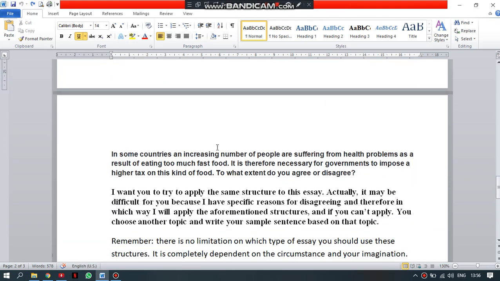There is a new topic here. In some countries, an increasing number of people are suffering from health problems as a result of eating too much fast food. It is therefore necessary for governments to impose a higher tax on this kind of food. To what extent do you agree or disagree? So I wanted to try to apply the same structure to this essay, but you can have difficulty in applying them because I have my own reasons for disagreeing with this statement, and that's why based on my reasons I can apply these new structures, but you may not.